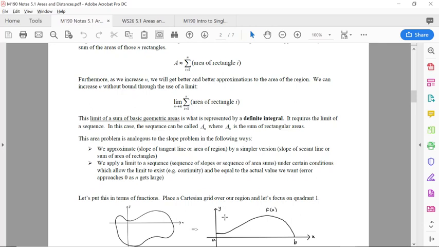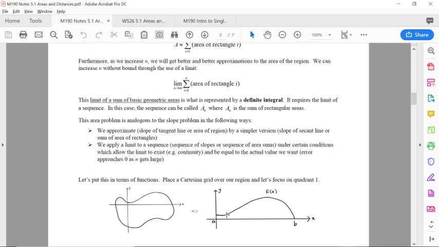If we wanted to divide this region up into 4 rectangles, we would choose 4 sample points from the function and have 4 subintervals from a to b. We would subdivide a to b into 4 subintervals. If those subintervals had equal width, we would call it a uniform partition.